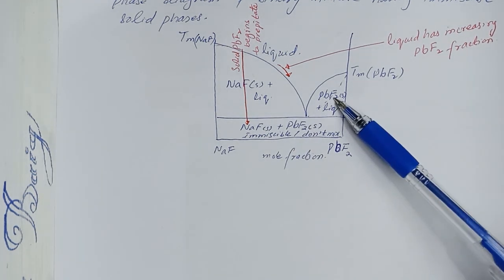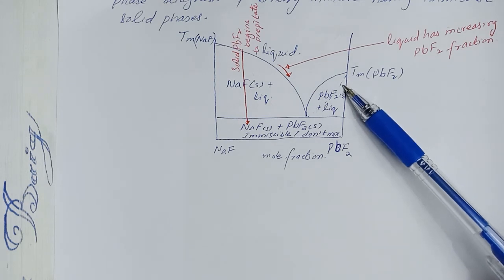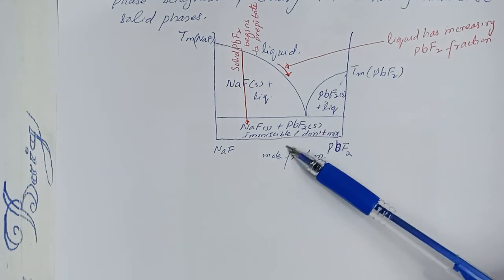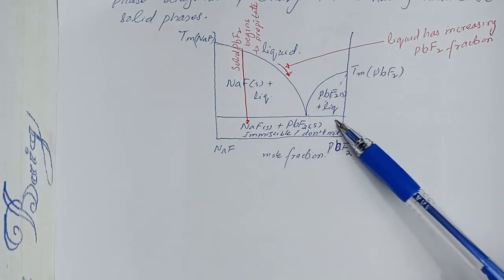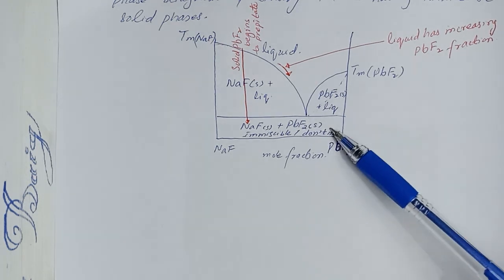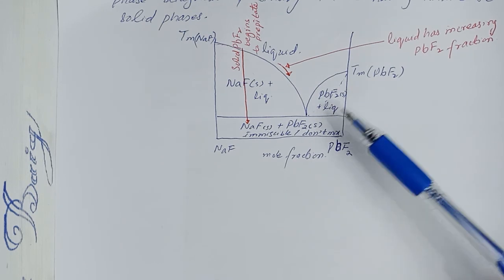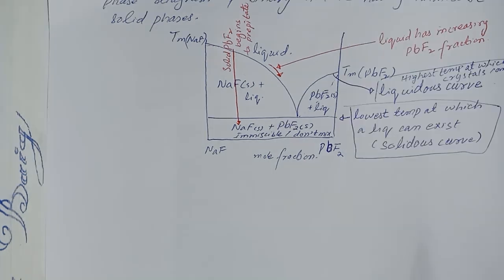The solidus curve that is represented as the dotted line is usually observed for the miscible solid phases, but it is absent for the case of immiscible solid phases. So here we have a straight solidus curve that is in between the solid and liquid plus solid phase. So this point is the lowest temperature at which the liquids can exist.